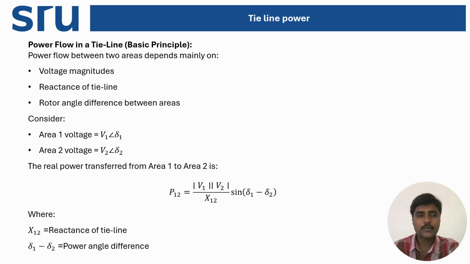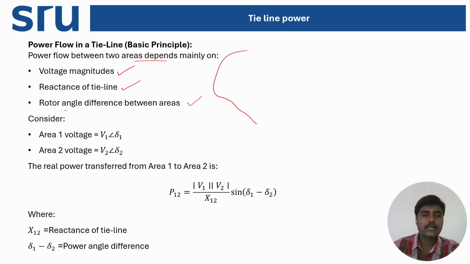Now let's see what is the basic principle of having this tie line and how this tie line power flow can occur. Power flow between the two areas depends mainly on three parameters. One is voltage magnitudes. They also depend on the reactance of the transmission line or tie line and the rotor angle difference between areas.